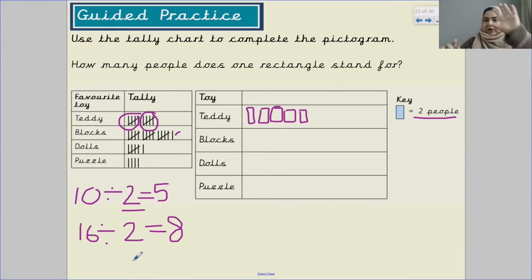So I know that's correct, but I can also count in 2s on my fingers. Okay, so 2, 4, 6, 8, 10, 12, 14, 16. So I know it's 8.